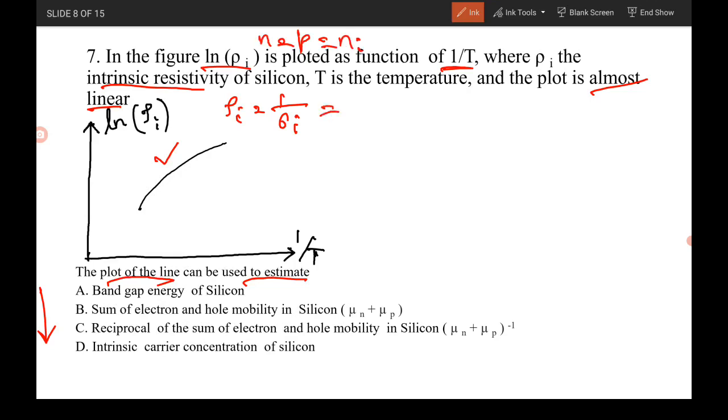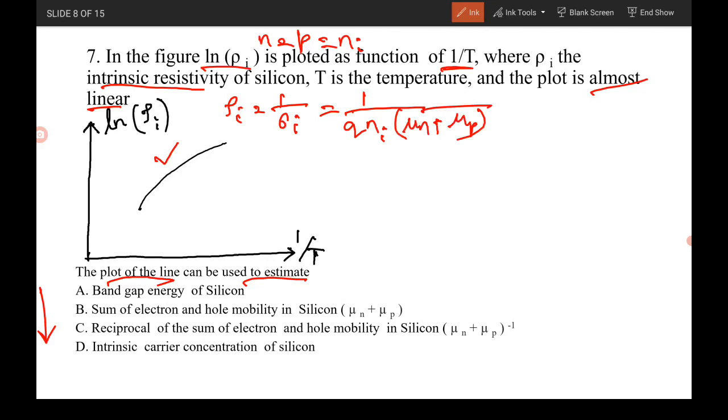We can take the intrinsic concentration common in the equation of the conductivity sigma i. So this is 1 by q times ni, taking the concentration common, and what is left behind is mu n plus mu p. This is our intrinsic resistivity.